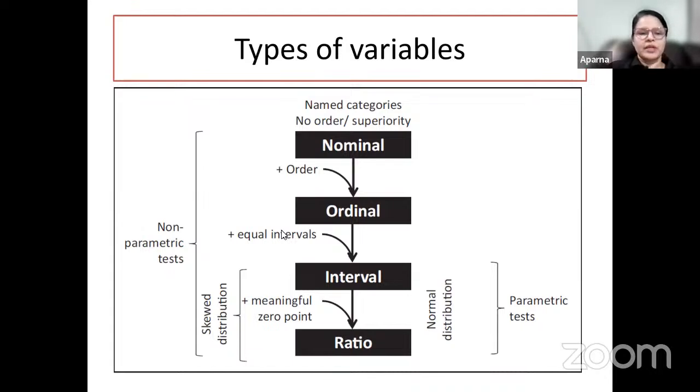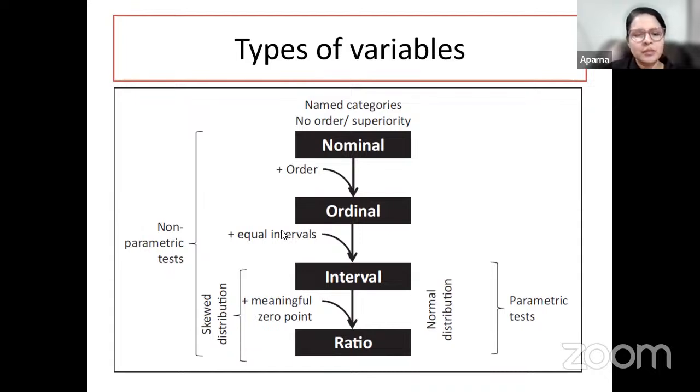Now furthermore, if you have numerical data wherein there is equal interval between the various numbers, then this is called an interval scale. And furthermore, if you have a more meaningful 0 point, it is called a ratio scale. So the last two, interval and ratio scale, are generally going to be numerical data, and the first two are likely to be categorical data.